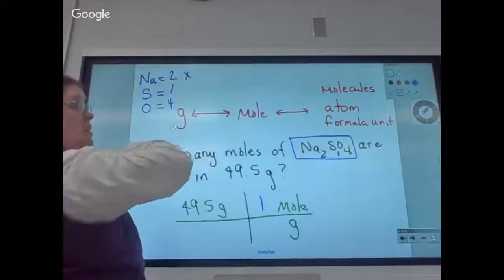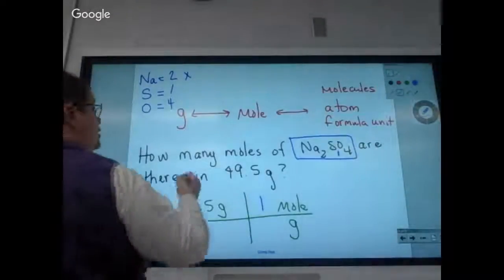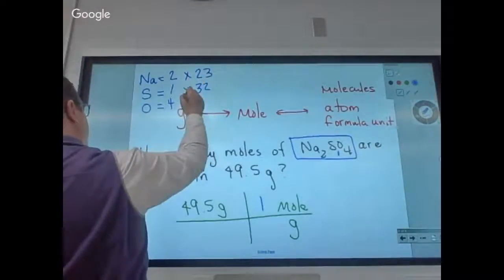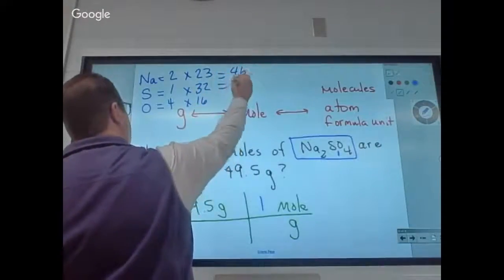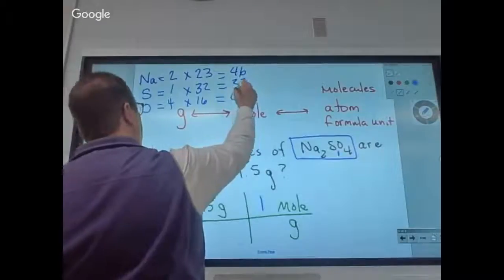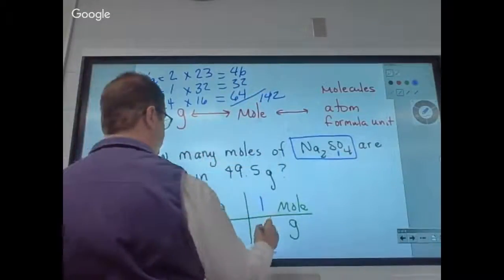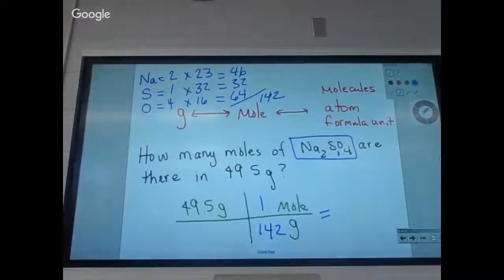And I'm going to do this the easy way because we're getting low on time and I want to be able to do at least another one. So Na has a mass of 23, sulfur's 32, oxygen 16. 46, 32, 64, 142. Okay. Yay. I like whole numbers.